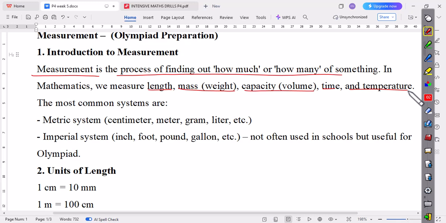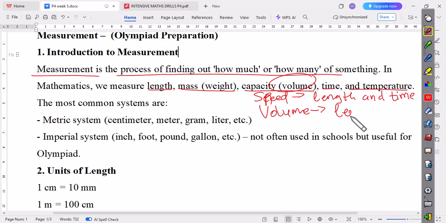For example, we will have speed, the combination of length and time. And even this one, volume, is the combination of length.